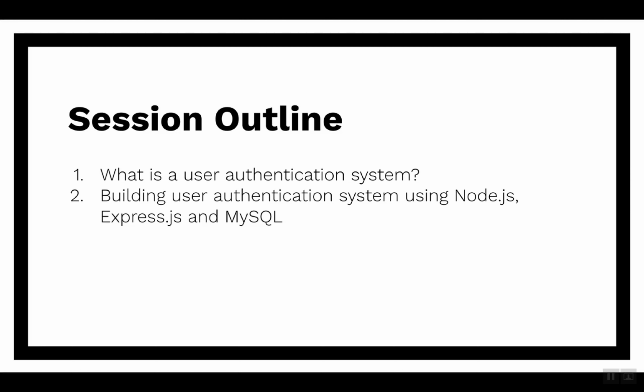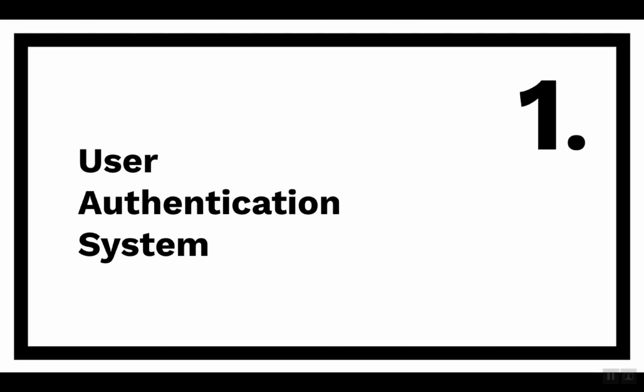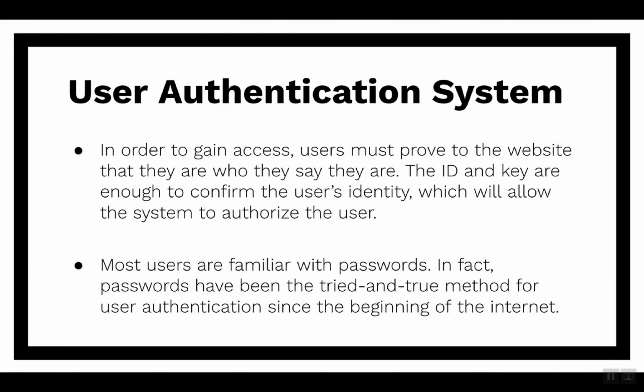In this session, we'll be covering the same concepts we covered in the previous session, project 2, but we'll understand how things work differently specifically for relational databases. So, user authentication system. We talked about this. What is a user authentication system?